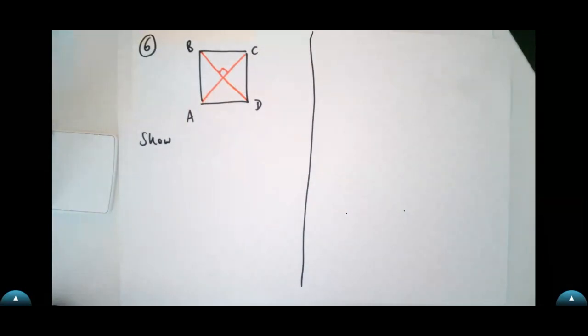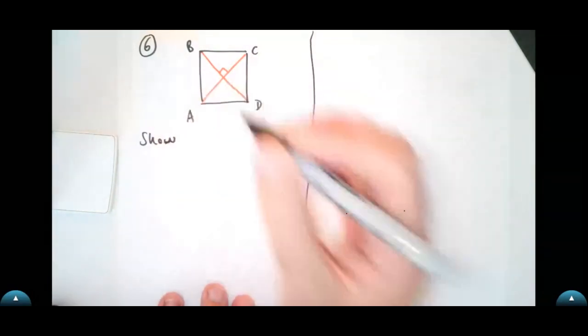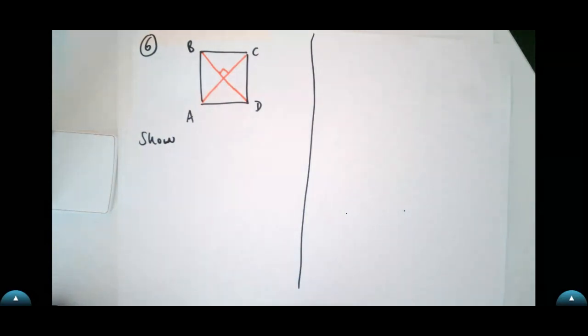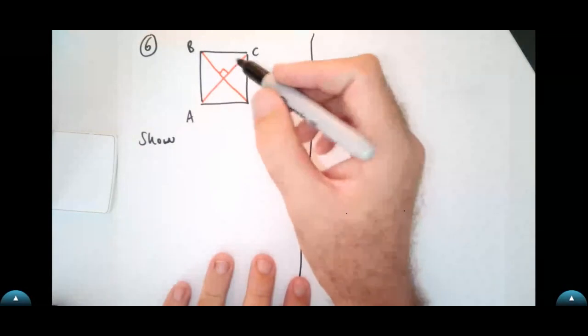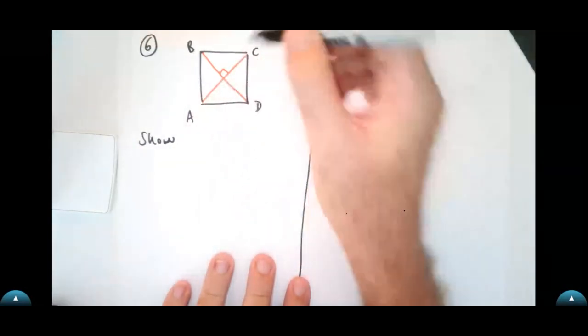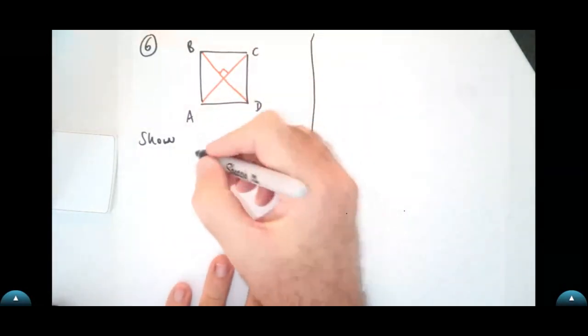So in the chat, can anyone tell me, using vectors, what are we trying to show here using the dot product? Can anybody put it in the chat and tell me what we're trying to do? The dot product is 0. Okay, so let's say we have the vector AC and the vector DB.